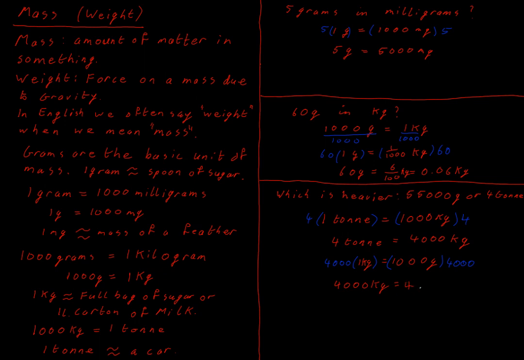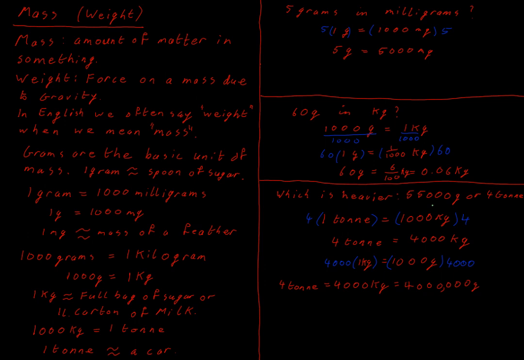Multiply this out on your calculator and you get 4,000,000 grams, so that's our 4 tons. Our 4 tons is equal to 4,000 kilograms is equal to 4 million grams.